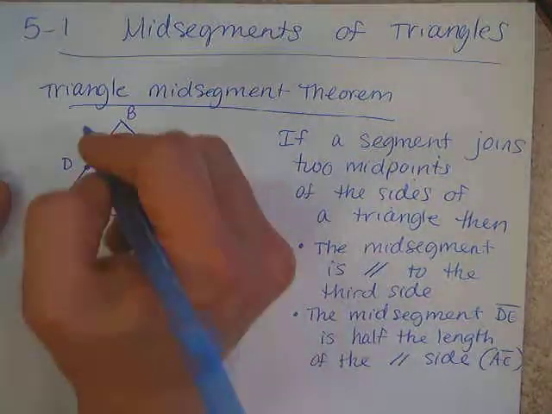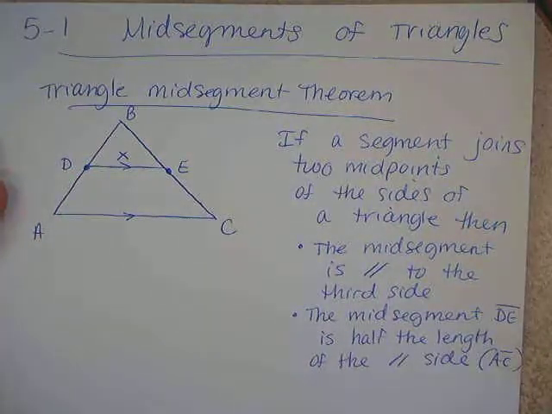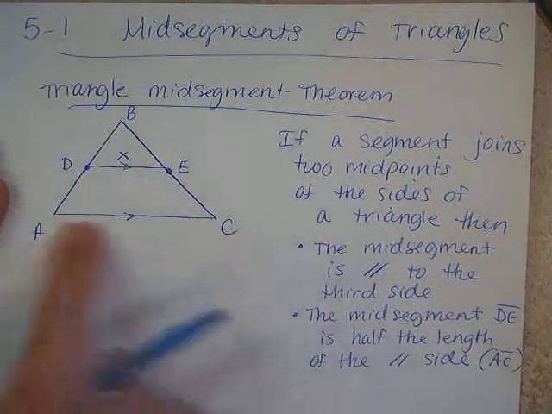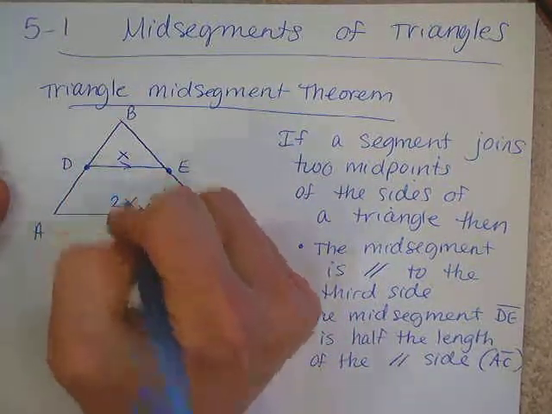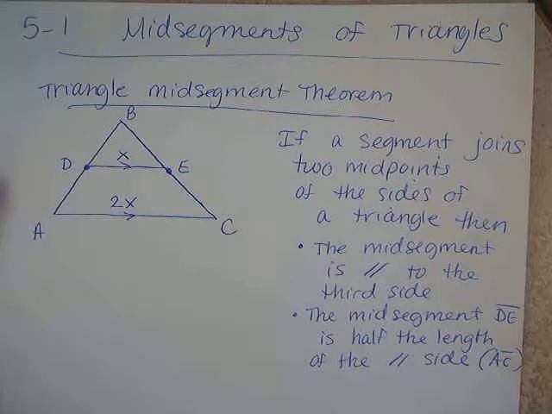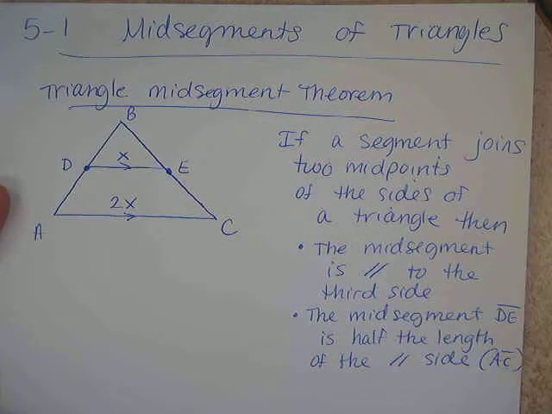Okay, so what that allows us to do is say, well, if this length is X, and that's half of the parallel side, then that parallel side should be twice as big, 2x.